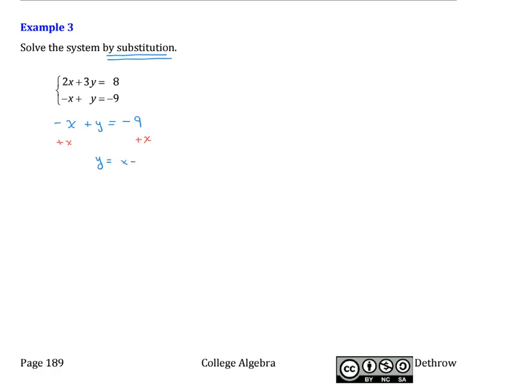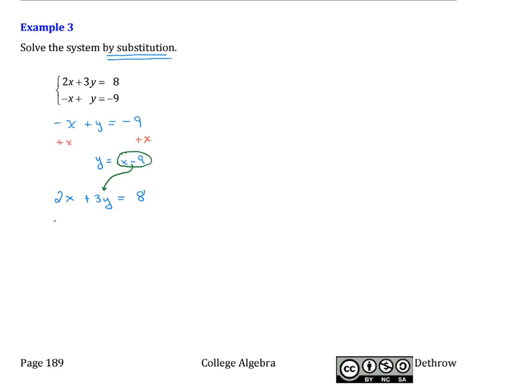So we have x minus 9 is y. So now let's look at our other equation. We have 2x plus 3y equals 8. And we're going to take this value for y, we know y equals x minus 9, and we're going to substitute that in for y in the other equation.